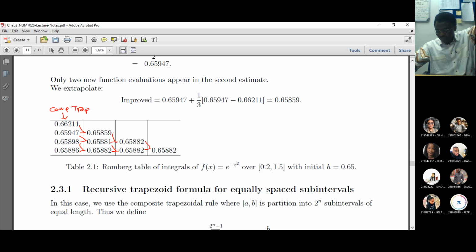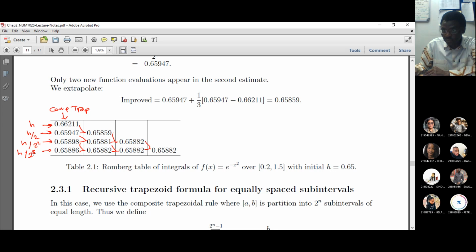Obviously, you start with the previous row because the previous will give you the more accurate. Remember that in this row, we start, for instance, with h. Here we start with a certain h, and now here you have h by 2. Here you have h by 2 squared, because you divide by 2 again, that's h by 4. And here h by 2 cubed.